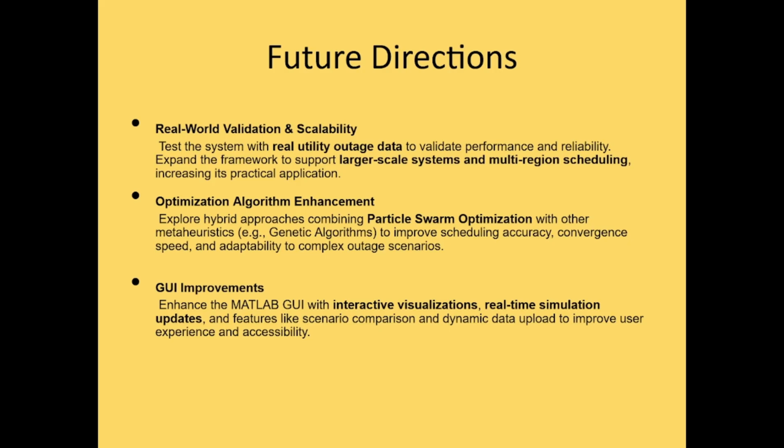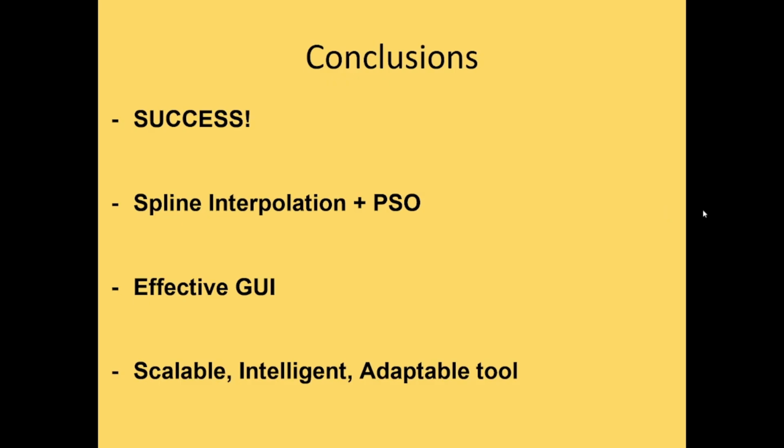GUI improvements. You can enhance the MATLAB GUI with a bit more interactive components, a faster real-time simulation update, and features like scenario comparison and dynamic data upload, just to improve user experience and accessibility to our project.